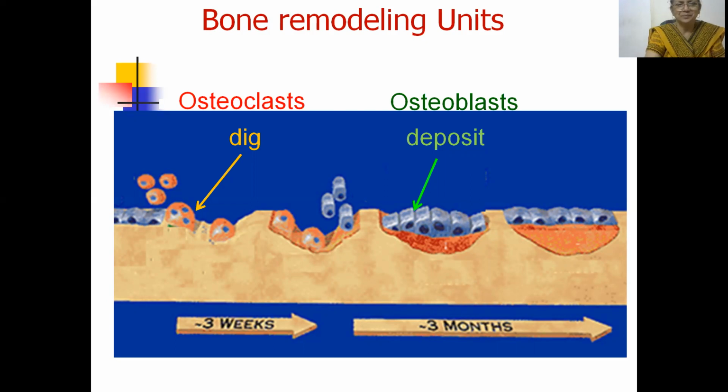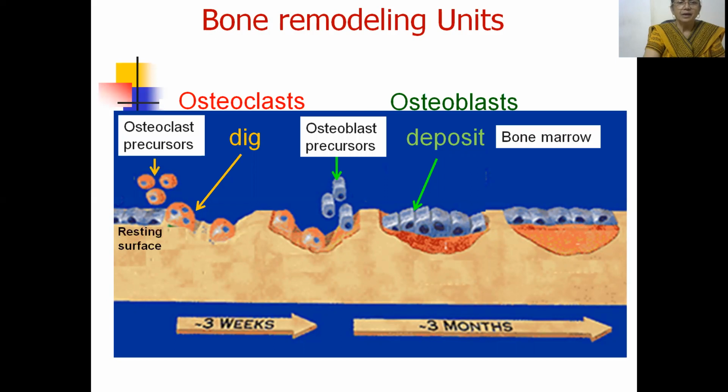up properly. So resting bone or resting surface will have, in the bone marrow, osteoclast precursors and osteoblast precursors. And there is some resting bone surface, and at some points, so multiple points in fact, the bone remodeling units are also active.